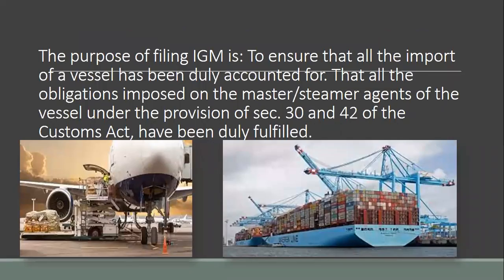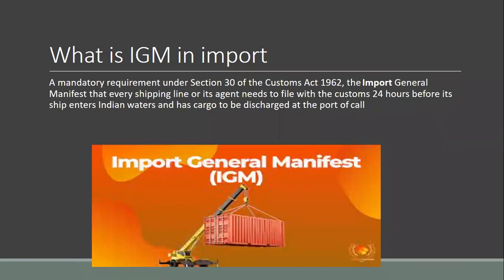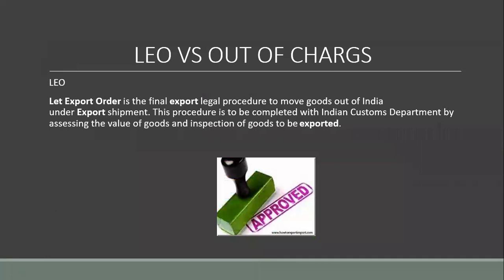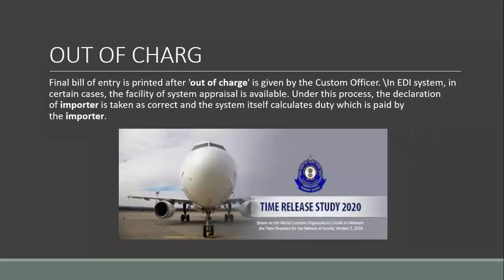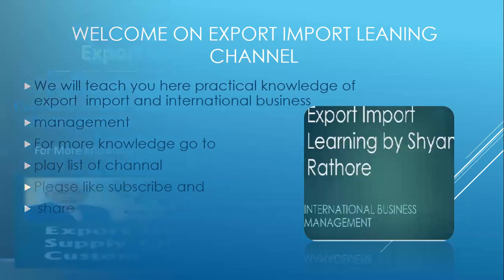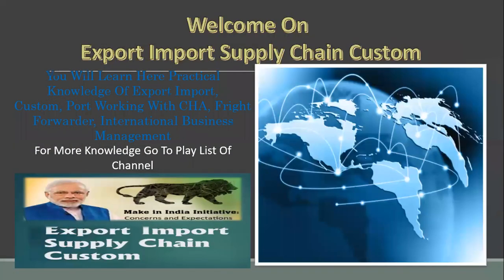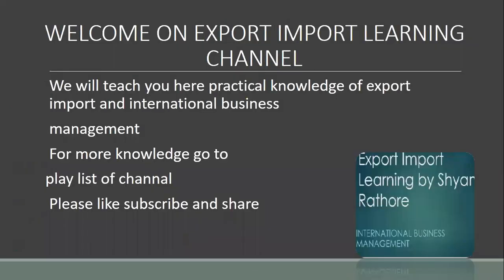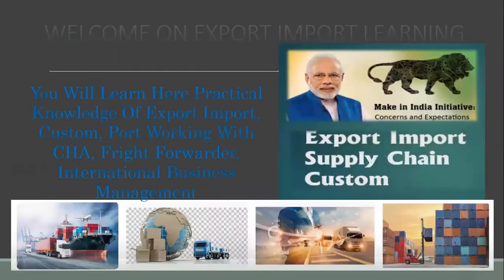In this entire process, there are some steps: first we have to source from the supplier, then move from the supplier location to the factory, then manufacture the goods and make finished goods, and after that, as per the order received from the customer, we need to supply it.